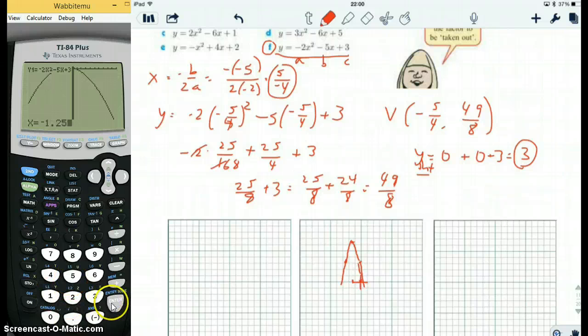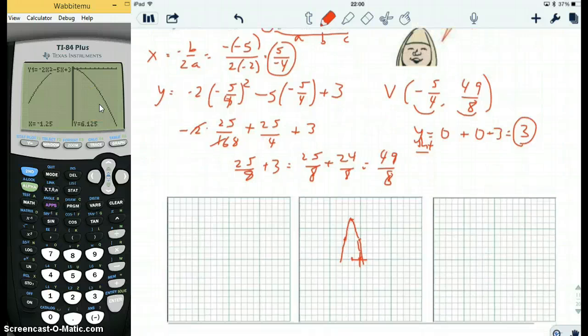We'll see what we get out for the y. 6.125. Yep, that's right. It gave me the same point. It gave me negative 5/4, and it gave me 6.125. So yes, I confirmed that it looks the same. Although it looks fat here, it's because it's just scaled funny. Okay. Now let's go and do the other one.